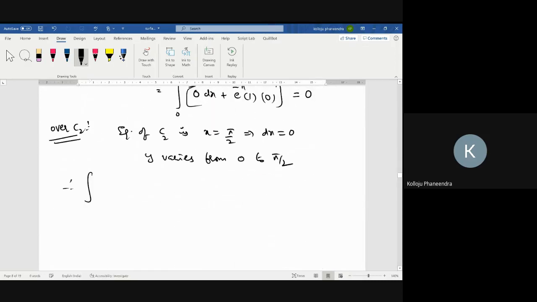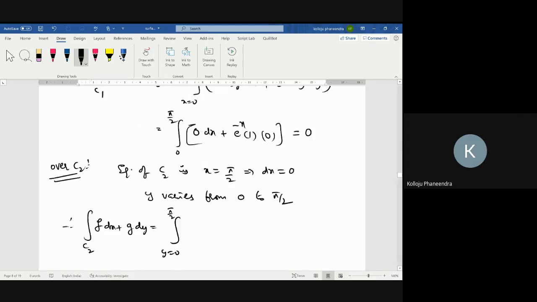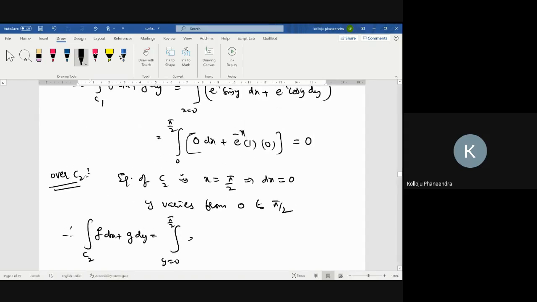Therefore, the integral over C2 of f dx plus g dy, with y from 0 to pi by 2, is the integral of e power minus x sin y dx plus e power minus x cos y dy.